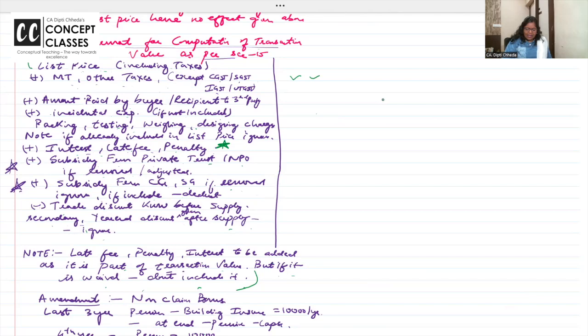And what you get as the answer, you call it the transaction value. If it is inclusive of GST, then into 100 divided by 118. If not included, then charge 18% or 12%, whatever it is, directly. Format is clear to you. 5 items to be added.